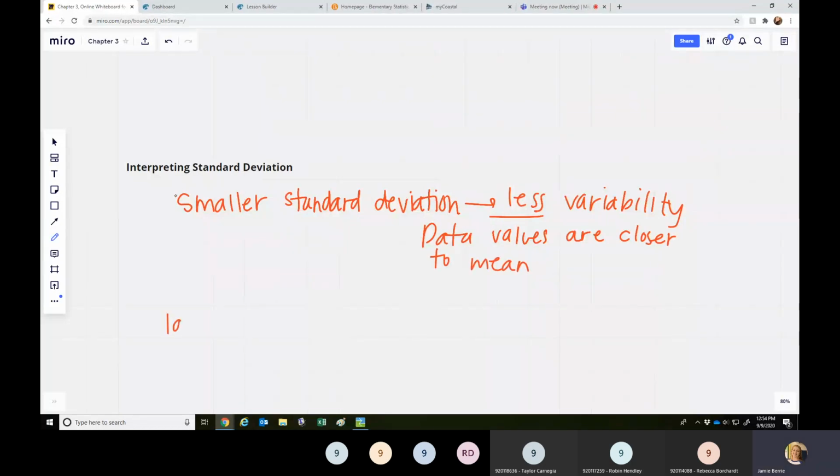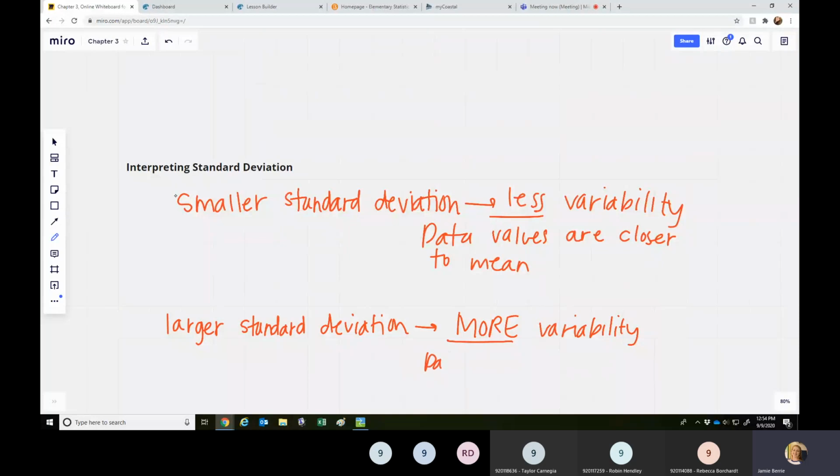Whereas with a larger standard deviation, there's more variability, and the data values are farther away from the mean. So it's more spread out.